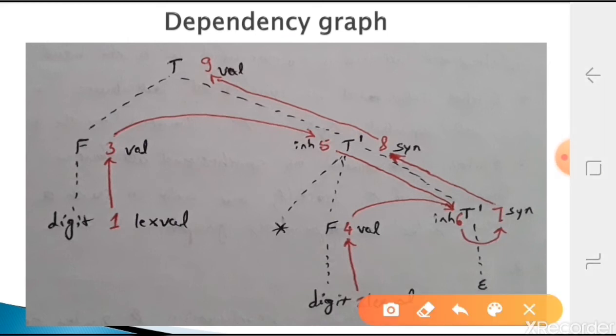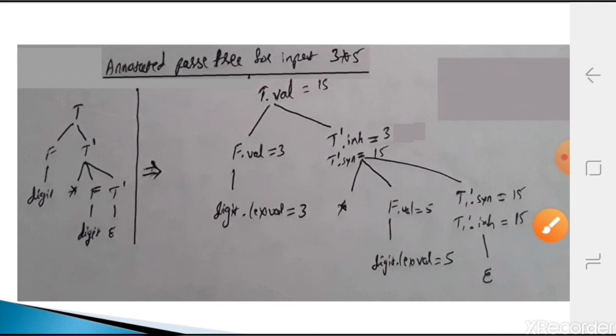Then whatever we got here, you have to pass it above to the non-terminal. One by one we check attribute values and keep on calculating.